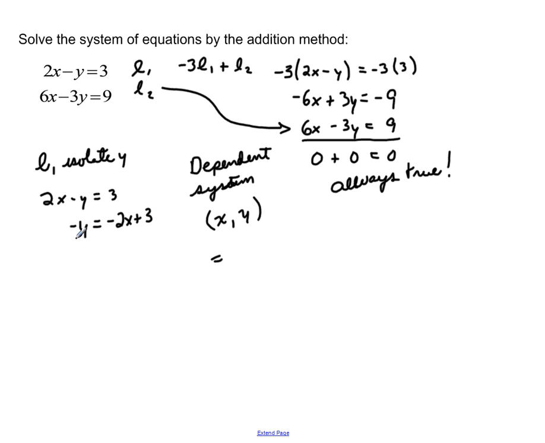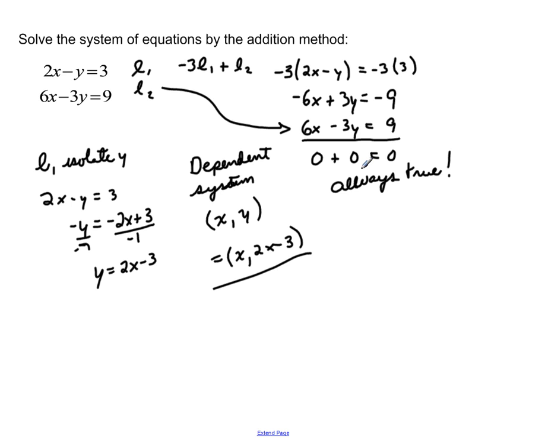And dividing both sides by -1 to eliminate that negative right here, that's a -1, we're going to get y is equal to 2x minus 3. And so our dependent system solution would look like x, comma, 2x minus 3.